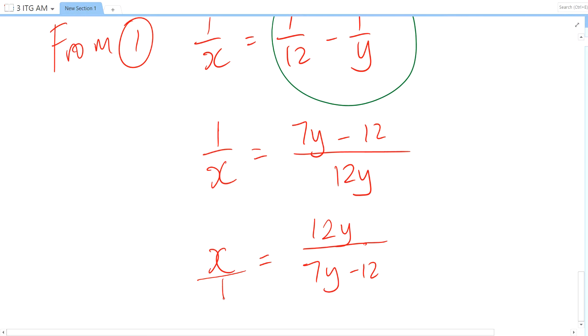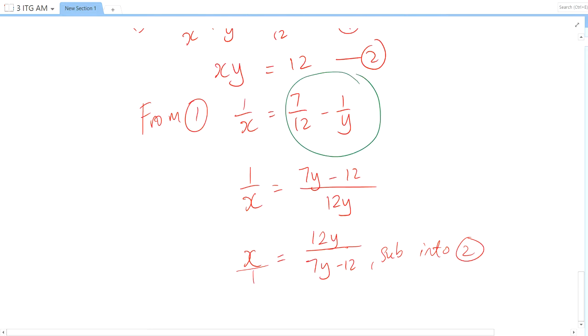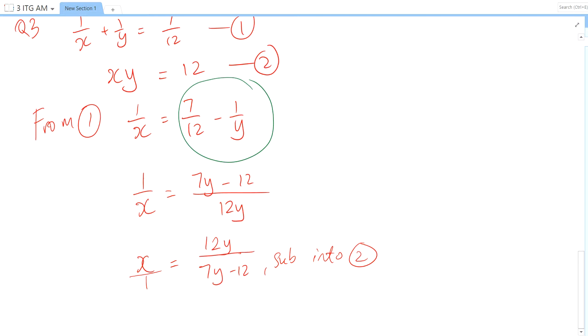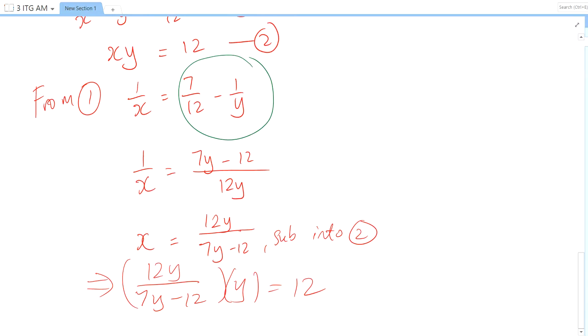Once I have this, I can sub into equation number 2, because I've got my x term already. Therefore, I will get 12y over 7y minus 12 times y equals 12. Then just continue to solve normally. This you can solve using your lower sec maths.